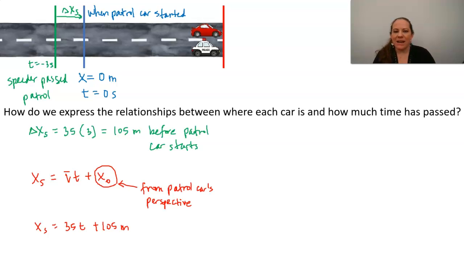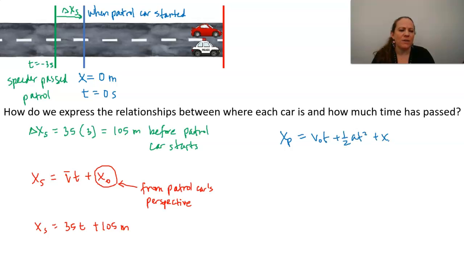And just like we had that correction for the time before because we were putting everything in terms of what's going on for the speeder, now that's our correction for our speeder when we're putting everything in terms of what's going on for the patrol car. And so our patrol car's relationship now becomes much easier. We had v naught t plus a half a t squared.